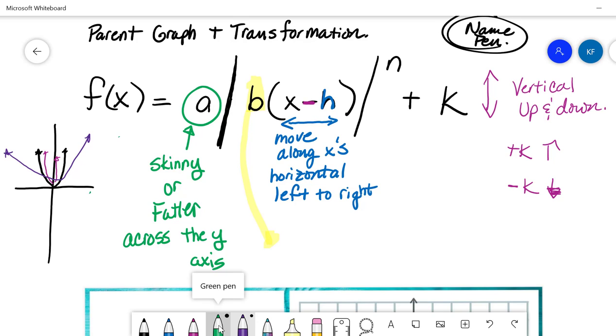We call that a compression, but I'm just going to put it in regular language: skinnier or fatter across the x-axis. Hopefully that makes a little bit of sense, because again, the b is attached to the x expression. That's how the formula works. So stop the video right now and make sure you understand how all of these symbols are related.